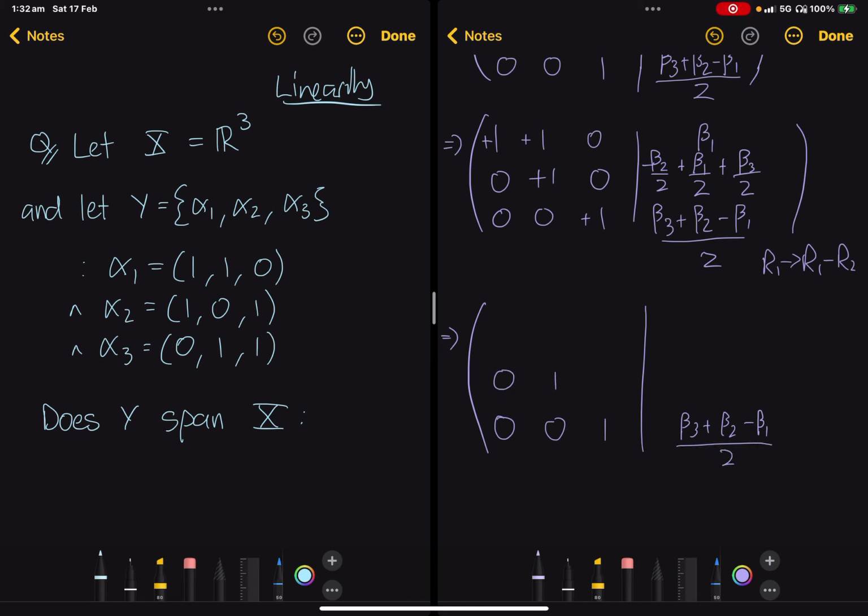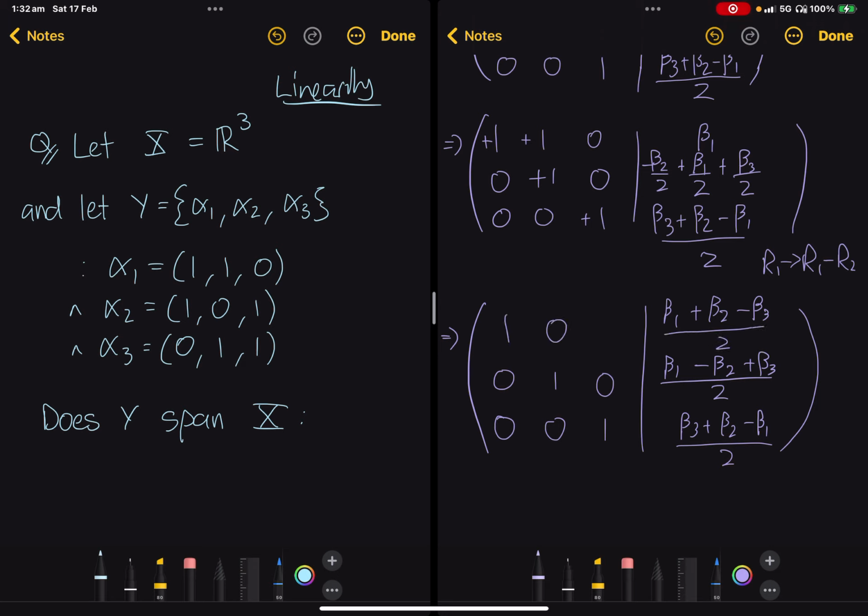We've got 0, 1, 0 in the middle, which is beta 1 minus beta 2 plus beta 3 on 2. And then for the top row, we subtract the middle row from the top row. We have a beta 1, minus beta 1 on 2, so that will be beta 1 on 2 plus beta 2 on 2 minus beta 3 on 2.